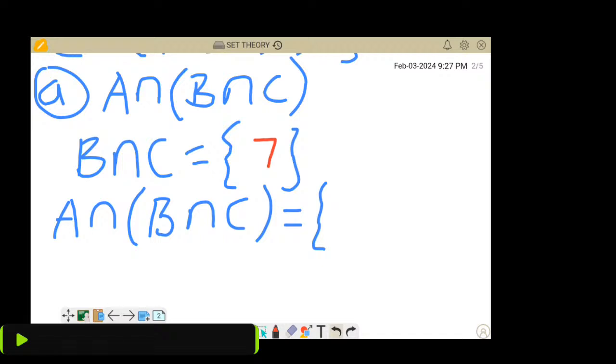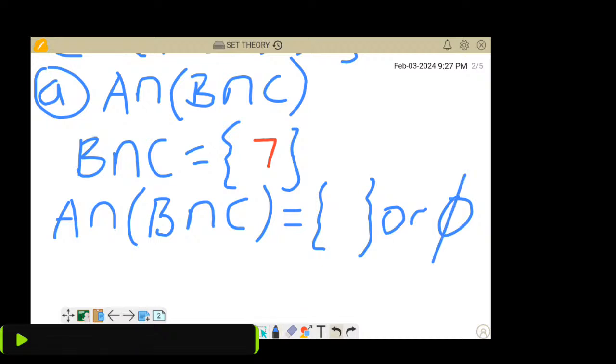They don't have the same elements. So it means A intersection B intersection C is an empty set. And for an empty set, the notation is either having an empty bracket like this, or you can just have the symbol phi. This represents empty sets.